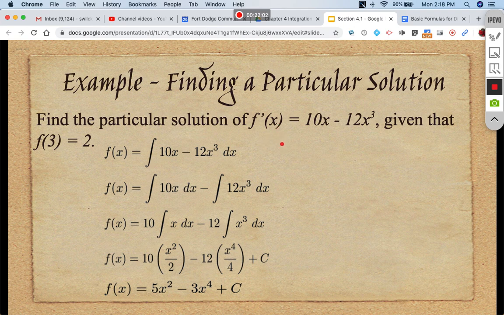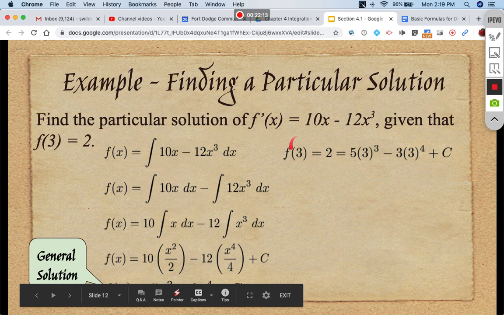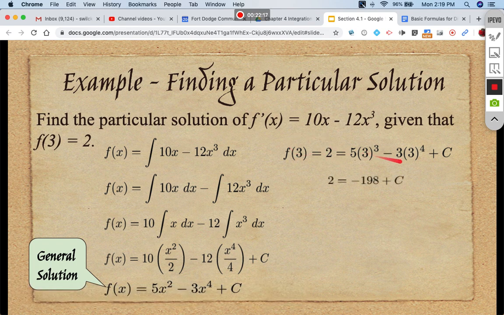That's your general solution. But I want a particular solution, so I'm going to say, well, if this is my function for f, I need it to equal 2 when x equals 3. So I plug in x equals 3, and I solve for c, and I will get c is 200.